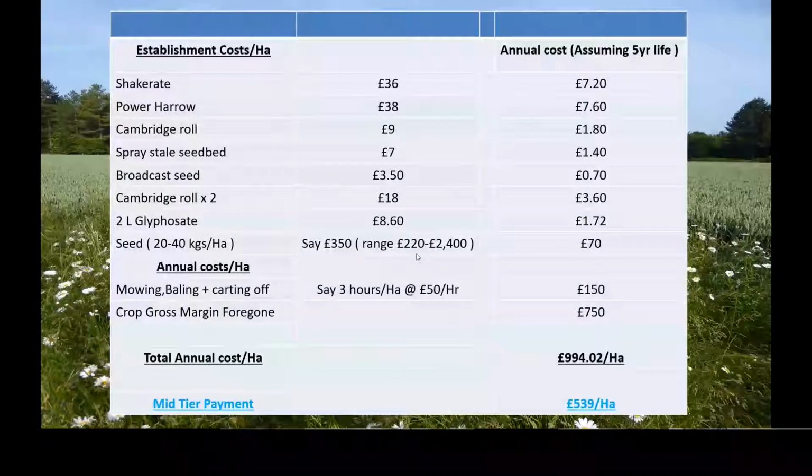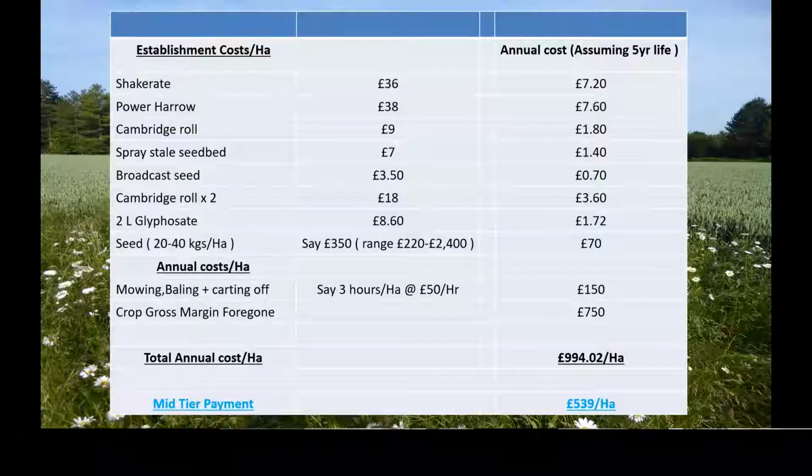The range is about £220 to about £2,500 a hectare, depending whether you buy native wildflower seeds that have been hand harvested from a meadow, or a more commercial seed mix.